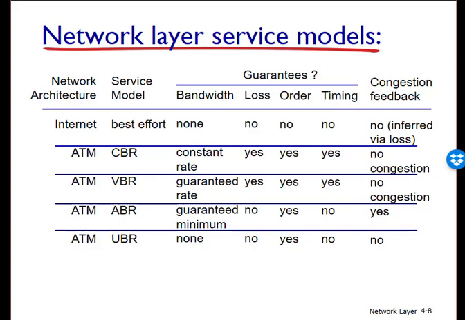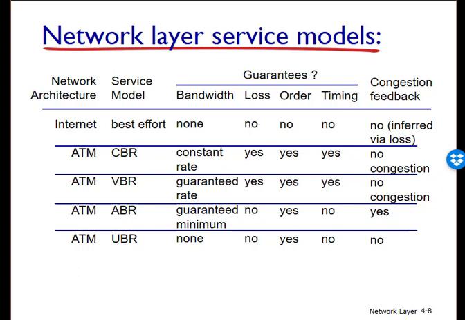And a minimum cell transmission rate is guaranteed to a connection using available bitrate service. If the network has enough free resources at a given time, a sender may be able to send cells successfully at a higher rate than the minimum cell transmission rate.